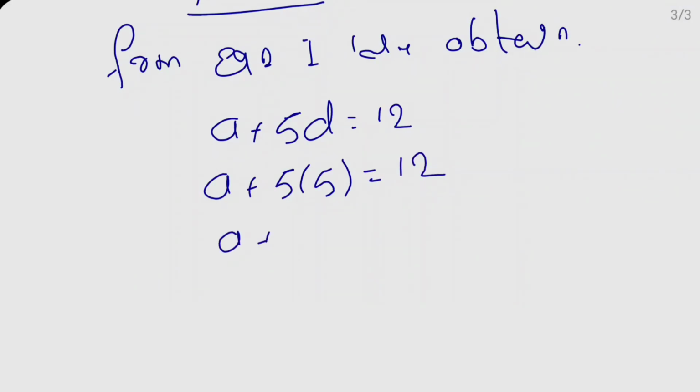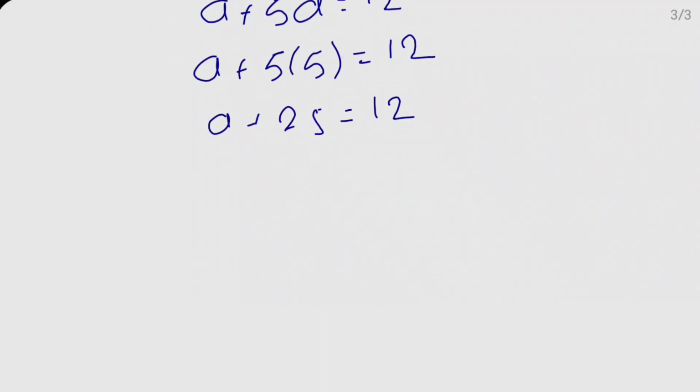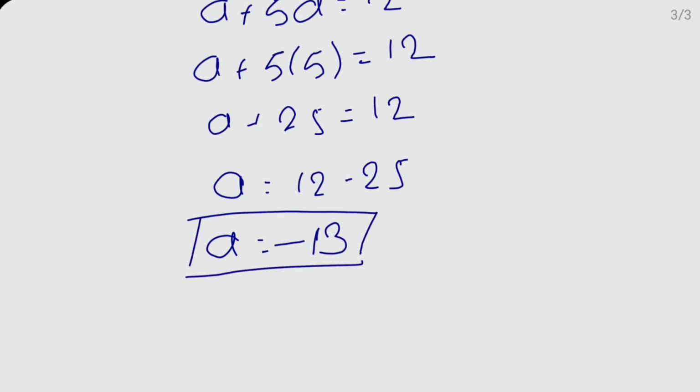So a plus 5 into 5 is 25 and 12 as it is. So now a equal to 12 minus 25. 25 comes in RHS, it become a minus. So a equal to 12 minus 25, we got minus 13.